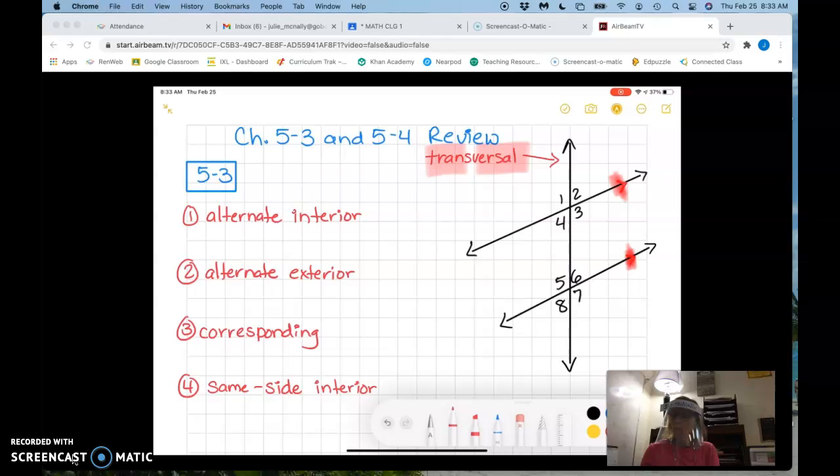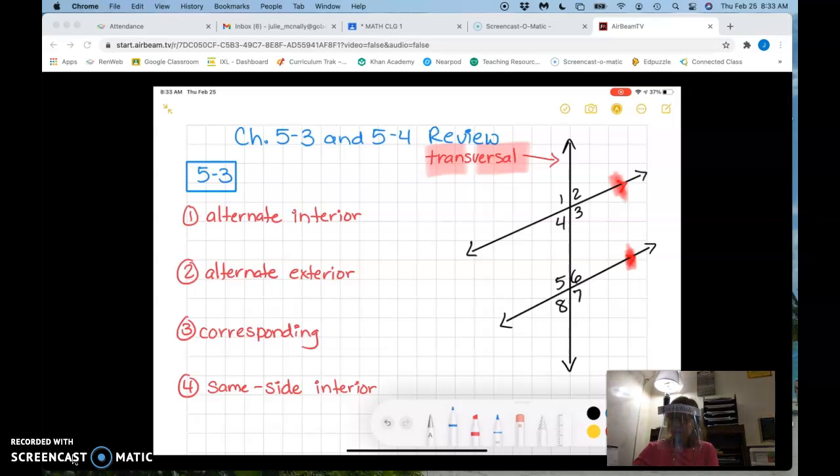So for... no one knows. But you said it's on there. Yeah. Go, James. 4 and 6 then. Right? Inside the parallel lines, 4 and 6, alternate interior, and opposite sides of the transversal. 4 and 6.